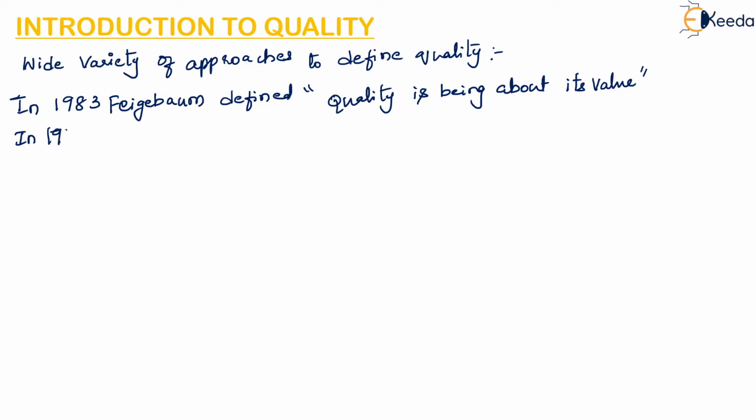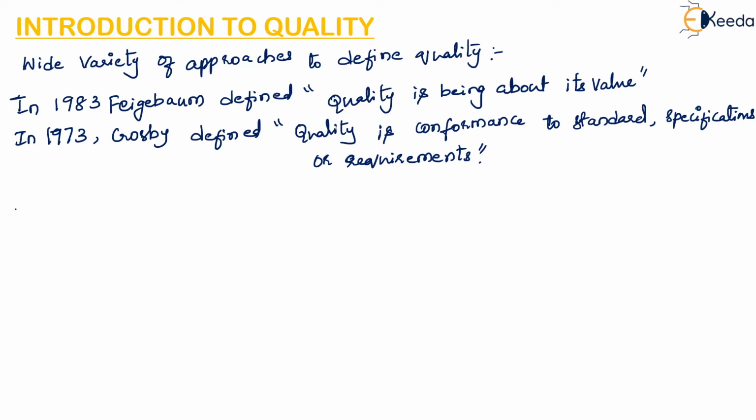In 1973, Crosby defined quality as conformance to standards, specifications, or requirements. So when a product is conforming to standards, specification, or requirements, it is said to have good quality.